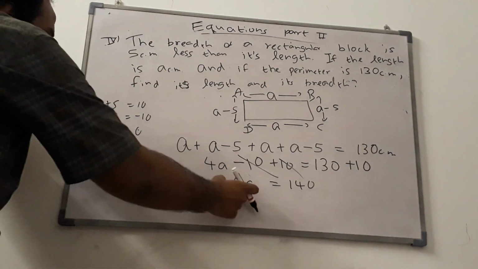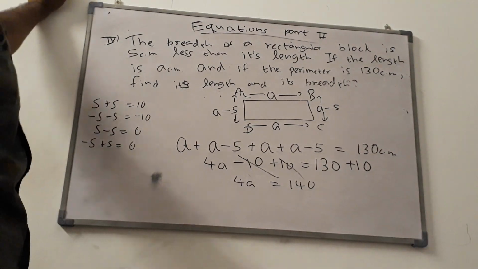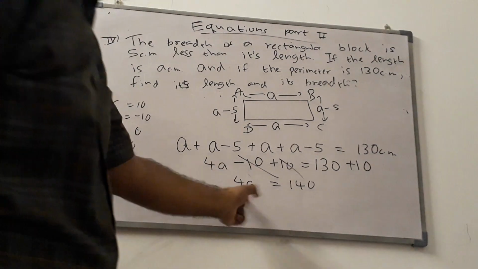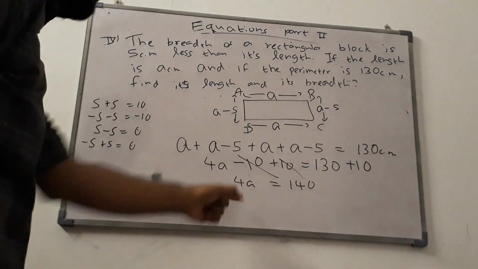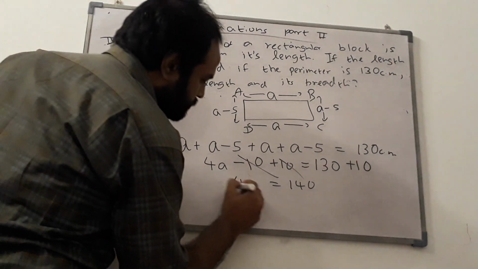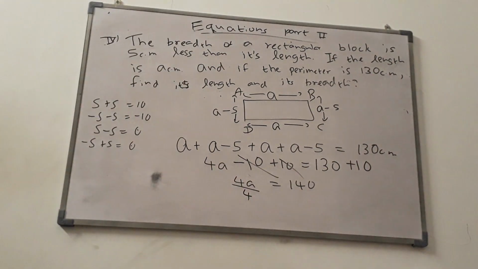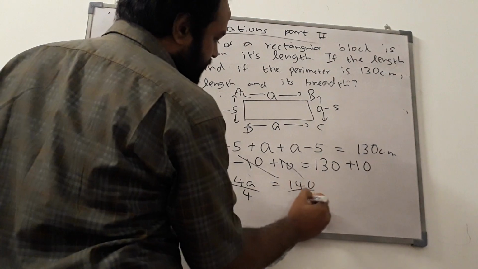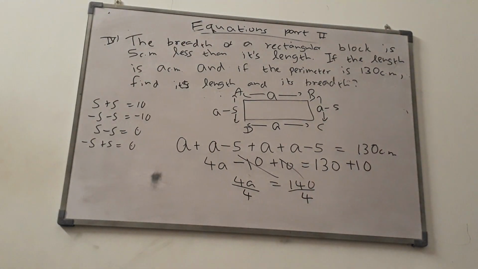Now there's a 4 in front of a. We want to find a. To remove 4, we have to divide by 4, because 4a means a product of 4 and a. If we divide 4a by 4, we have to do the same thing to the right hand side as well.